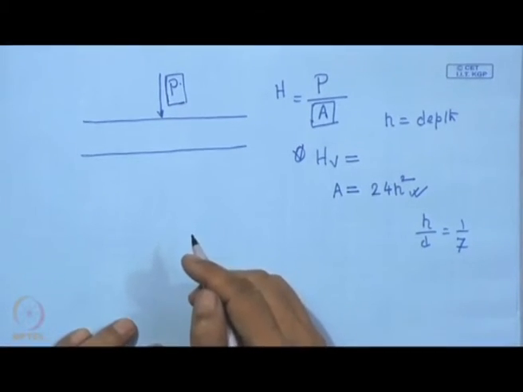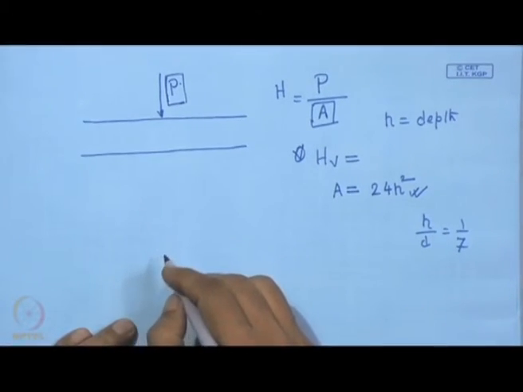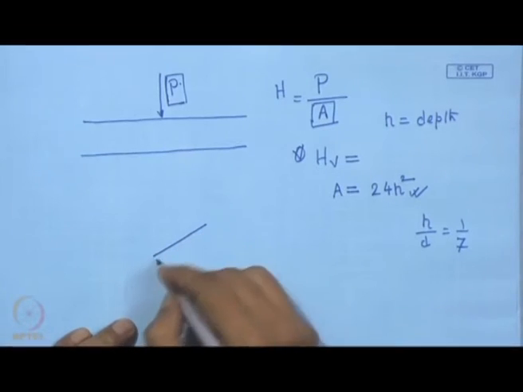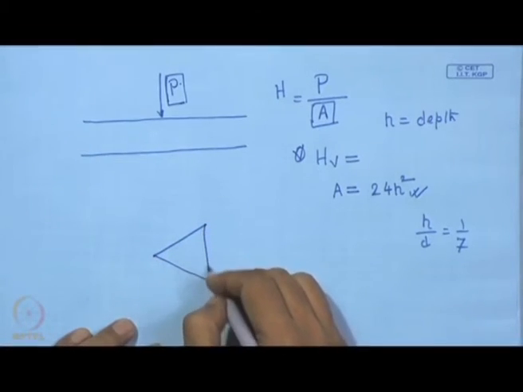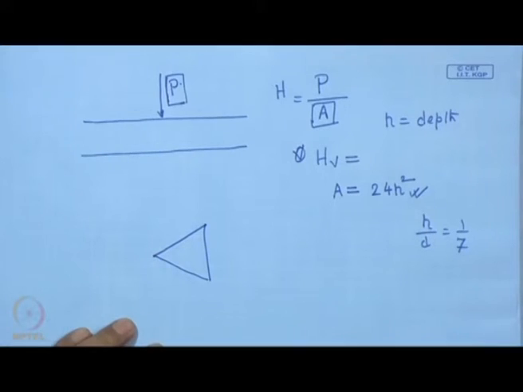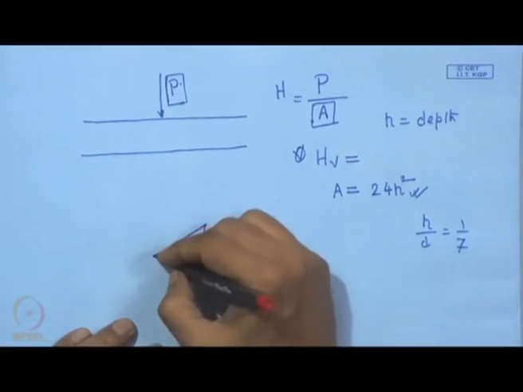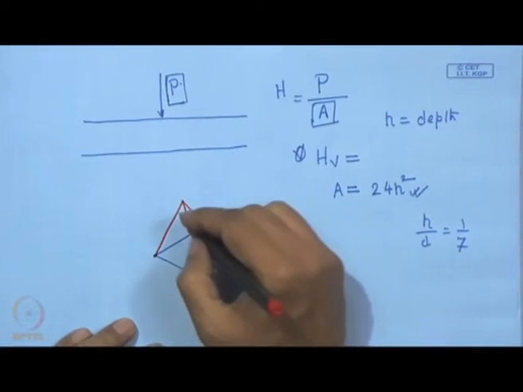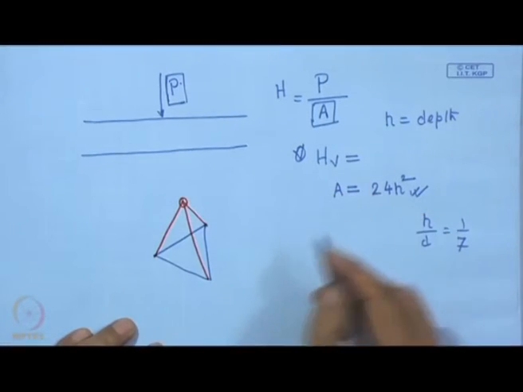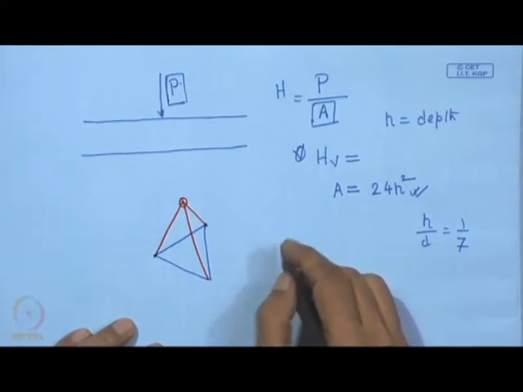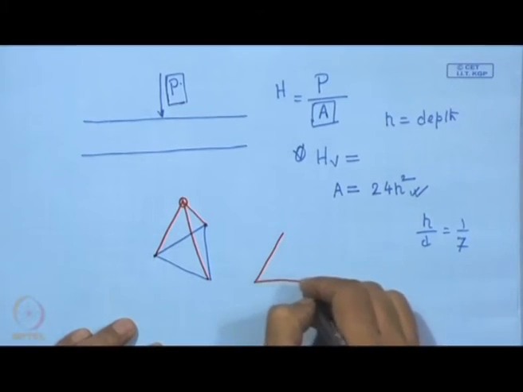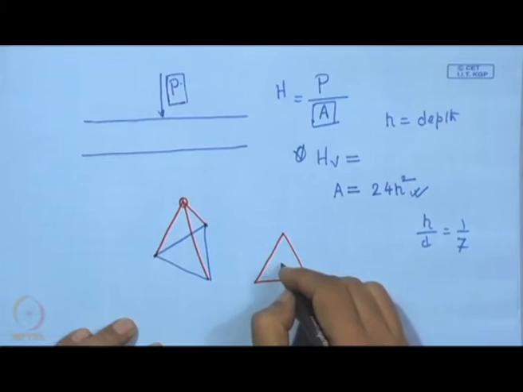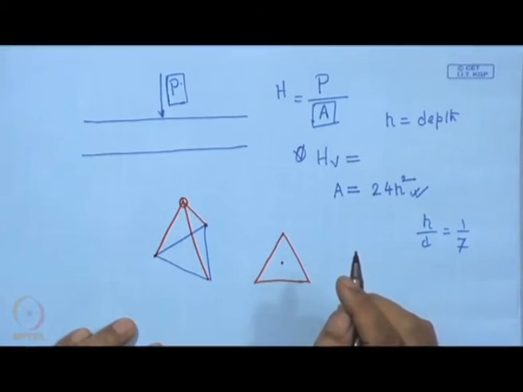In this case, instead of the square pyramid, what is taken is a triangular pyramid. It is going to be an equilateral triangle. With this equilateral triangle, one can put it this way, this is the equilateral triangle, and here you have the apex point.